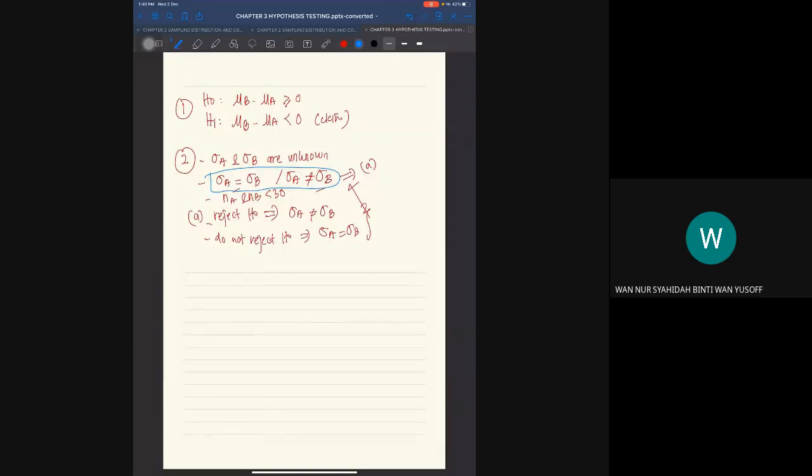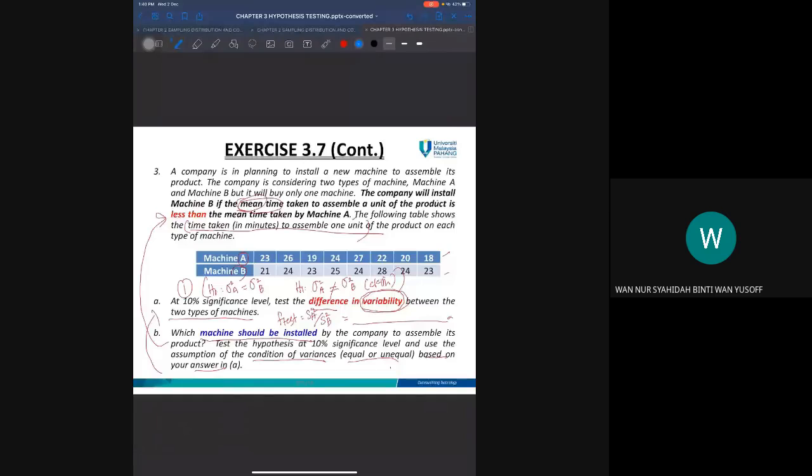If it is in your question, then use as it is. So this is a guided question. Why guided? Because first we ask you to do the difference in probability first, and then in B you have to do the mean, the independent sample, based on your answer in A.